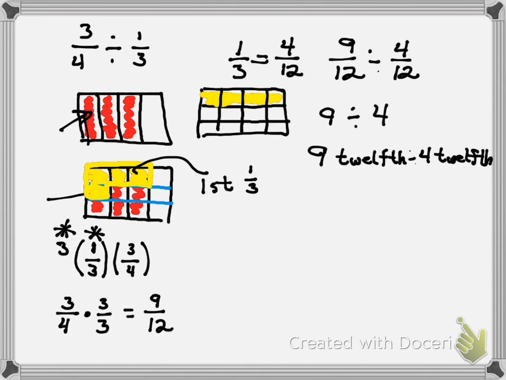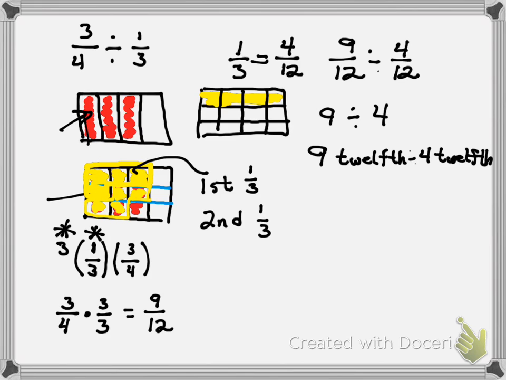I'm going to do it again. 1, 2, 3, 4. That's my second one. I don't like using the word second, but I'll roll with it here. So that's my second 1/3. And then I've got this missing piece here.